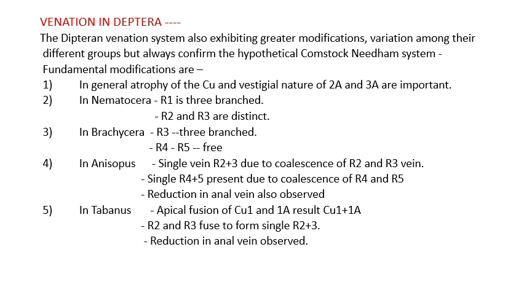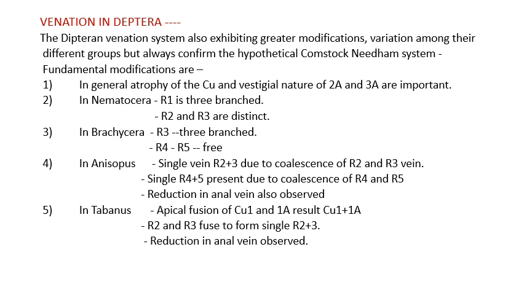In Tabanus, apical fusion of CU1, cubitus 1, and the first anal resulted in CU1 plus 1A as a single vein at the apical fusion point. R2 and R3, radius 2 and radius 3, fused to form a single vein, and reduction in the anal vein has also been observed.